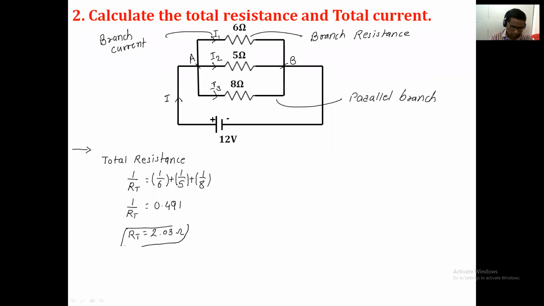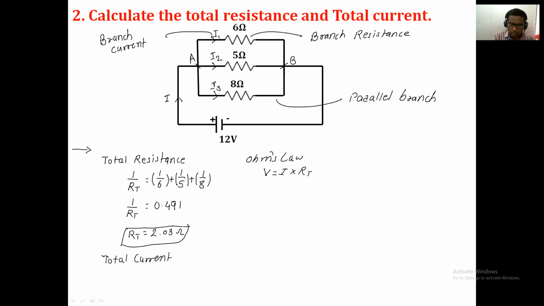Okay. We have the total voltage, is it right? And now, if we want to calculate the total current, we can apply Ohm's law. So let me write it down here. Just apply Ohm's law: V is equal to I multiplied by R total.